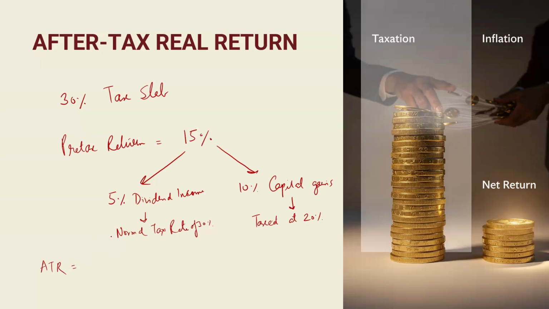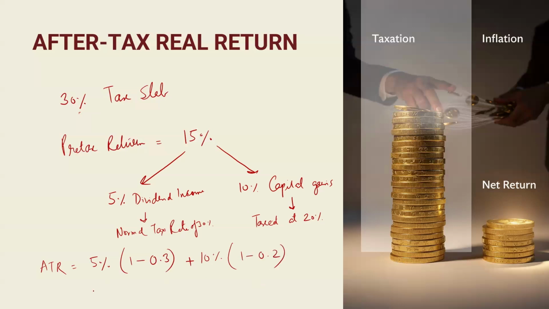So the formula is 5% times (1 minus the tax rate, 0.3), which means you are left with 70% of 5%. Plus the 10% capital gains, taxed at 20%, so 10% multiplied by (1 minus 0.2).